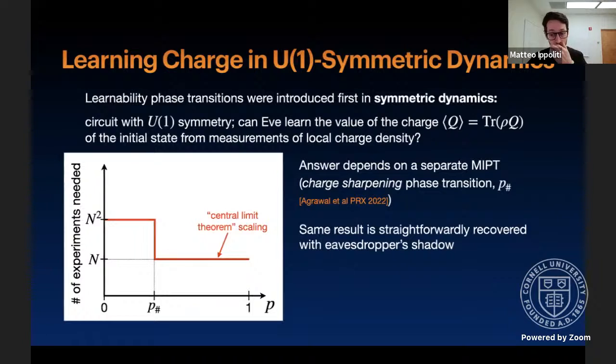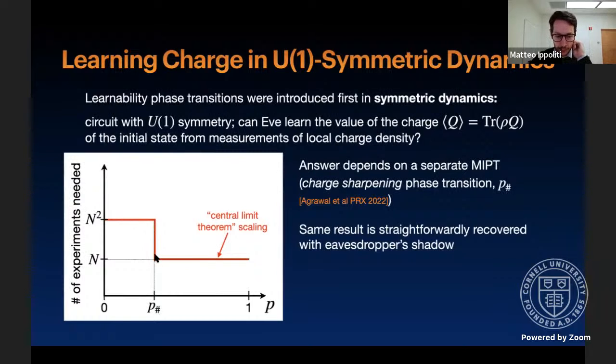We can just apply our same prescription for these eavesdropper shadows, and we get again a phase transition corresponding to the same phenomenon called a charge sharpening transition, just a separate transition from the one that we mainly talked about. But here the transition is between two polynomials. So we've seen all kinds, like two exponentials, polynomial to exponential, and now polynomial to polynomial, but with a factor of system size difference between the two sides.